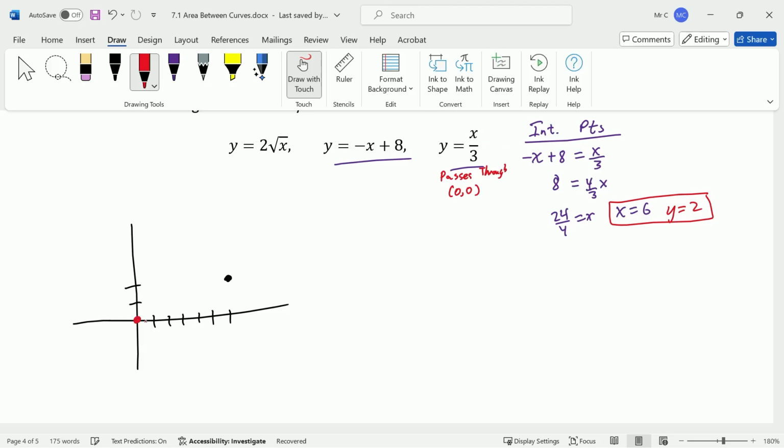So that passes through 0, 0. So that's just this straight line here. Slope 1/3 passing through 0, 0. Now this line, y equals -x plus 8, that's going to have slope -1. And so I can plot a second point just by using that. Going over 1, up 1, so that I have a negative slope. So this second line should look like this.